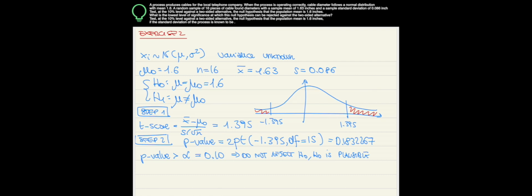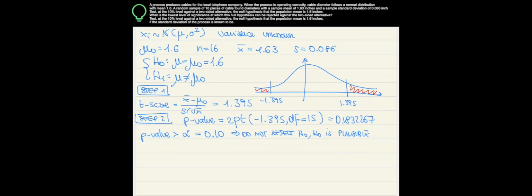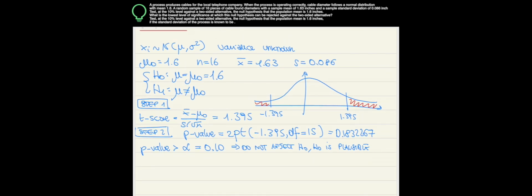Okay. What's more interesting is the second part of this question A. What is the lowest level of significance at which this null hypothesis can be rejected against the two-sided alternative? So our t-score is not too extreme, but there's a certain threshold here, such that if 1.395 reached that threshold, then it would be considered extreme.